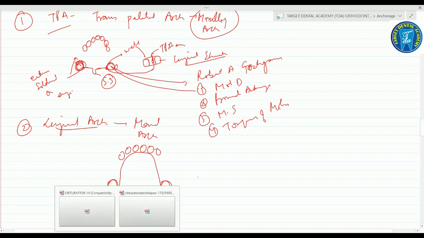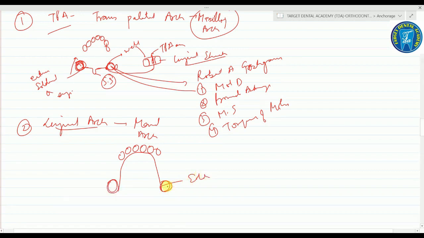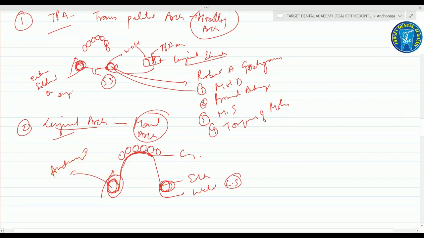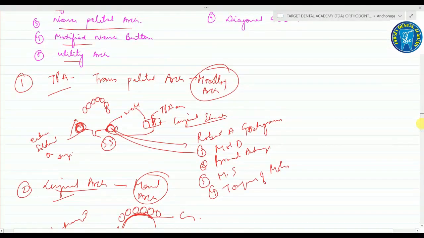It is either soldered onto the mandibular molar, or again you weld the lingual sheath. It is a U-shaped arm which touches the cingulum of the lower anteriors. It is mainly used for anchorage purposes. It does not allow the mesial movement of the mandibular molar into the extraction space.